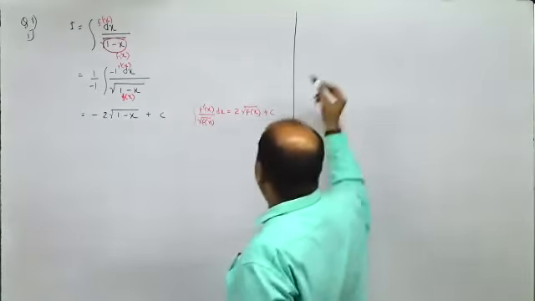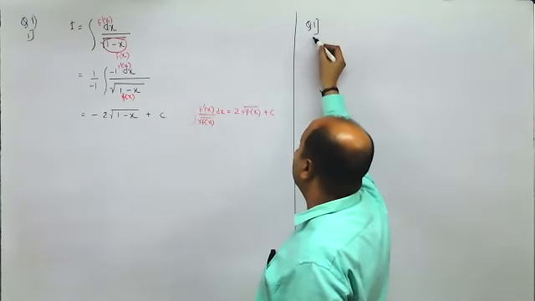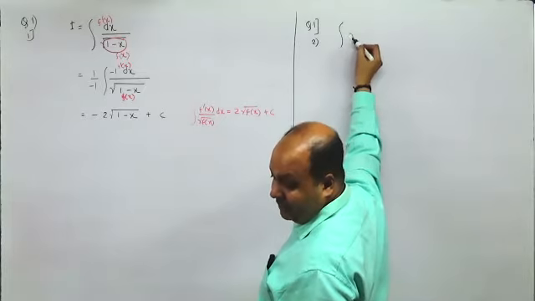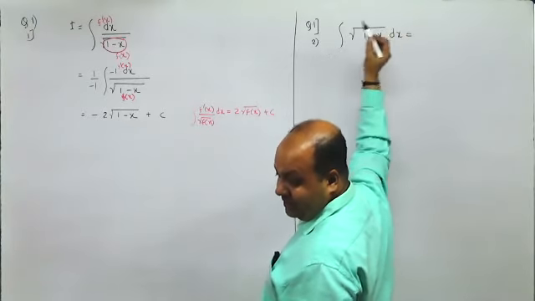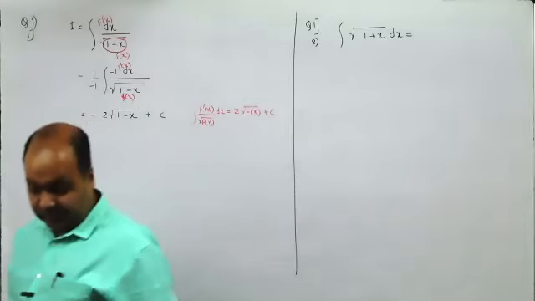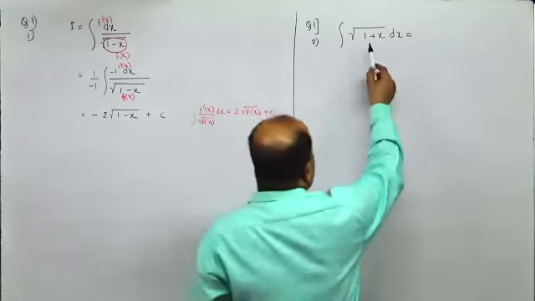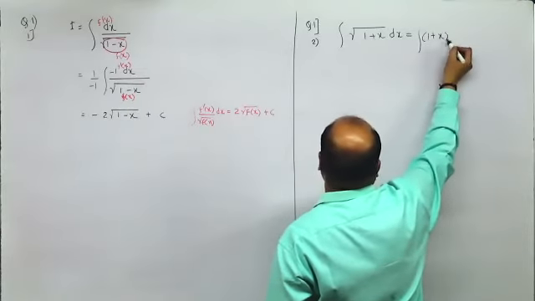Similar to this, you have one more sum. It is the second sub question of the first question. It is integration of root 1 plus x dx. Now, you can treat this as root of x, or you can say it is 1 plus x raised to half.